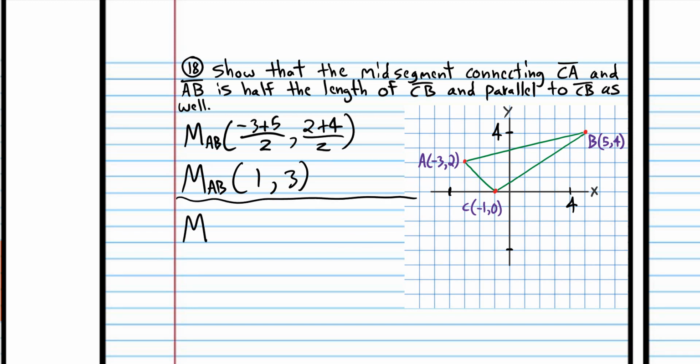So now we're going to find the midpoint between A and C. Again, just using the midpoint formula that we learned in a previous class. And the midpoint between A and C is (-2, 1).